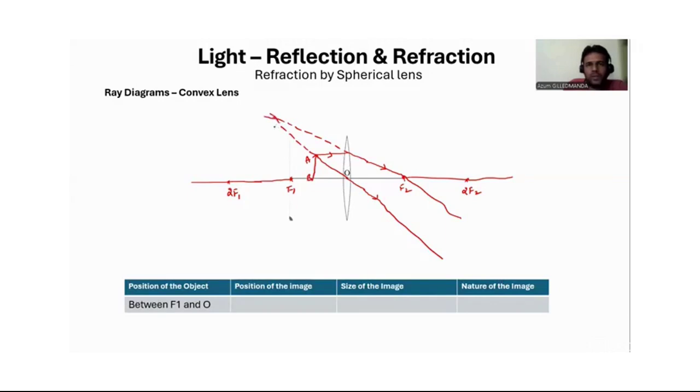What I will see is a virtual image being formed on the same side of the lens, which is an enlarged image. This is our A dash and B dash.